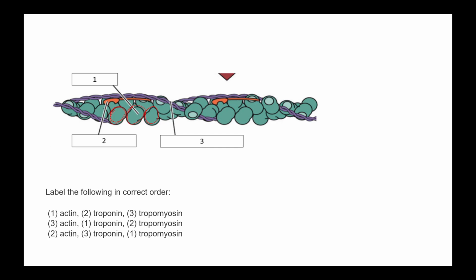Okay, and this helical line protein that goes along with the actin is tropomyosin. So what is the function of tropomyosin?